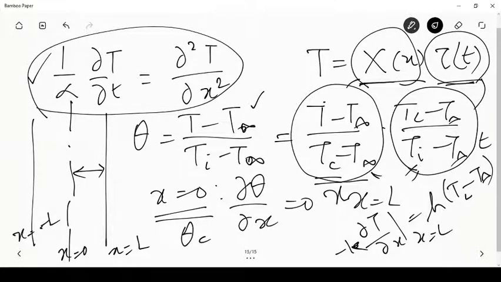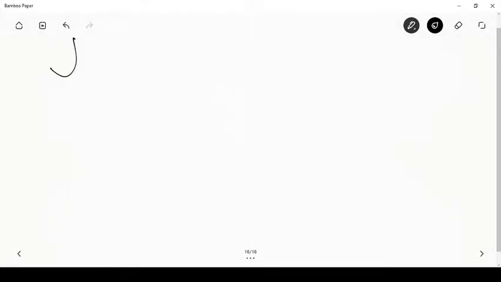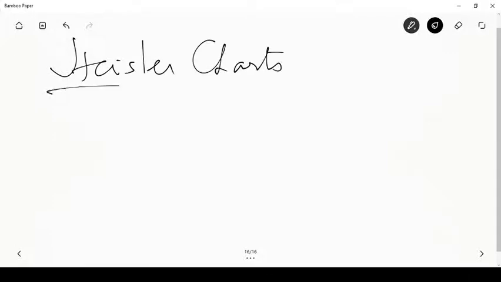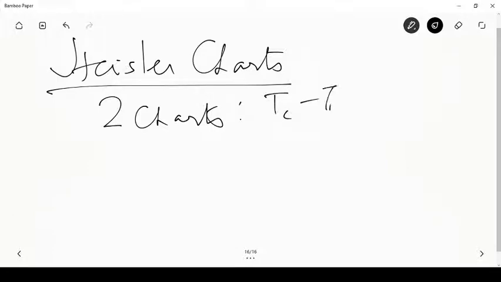The charts on which these are plotted are known as the Heisler charts. So you will have two Heisler charts, one for (Tc minus T infinity) divided by (Ti minus T infinity), which is a function only of t.